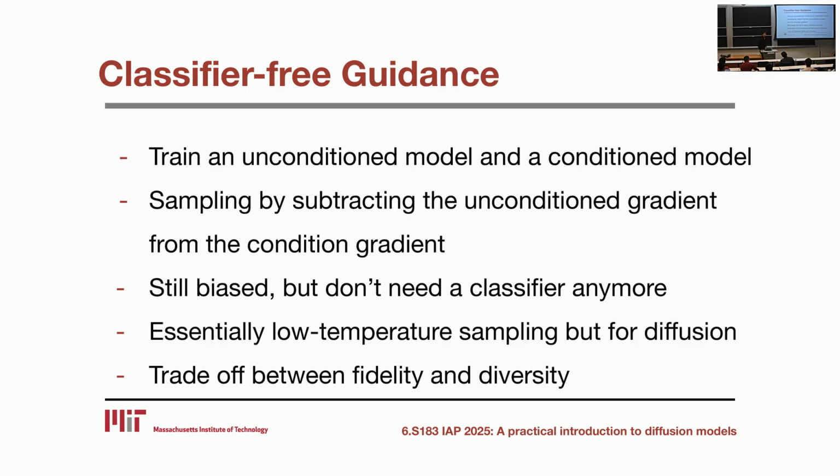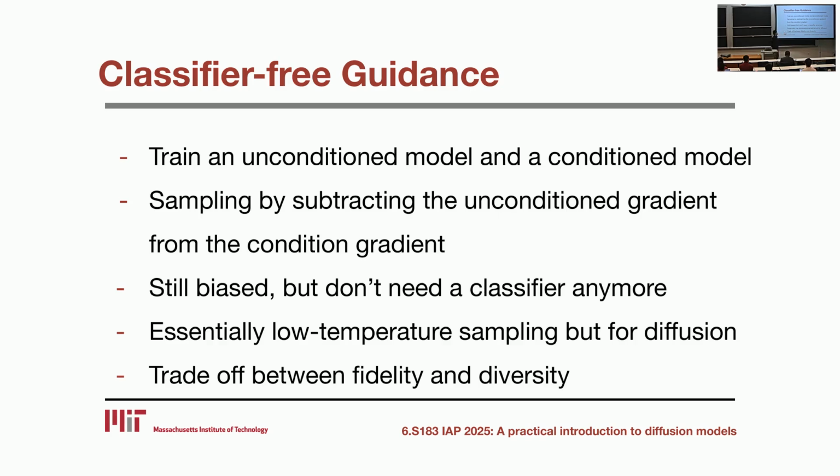Okay. Here is a summary of classifier-free guidance. You want to train an unconditional model and a conditional model together. And you sample by subtracting the unconditioned gradient from the conditioned gradient. You assemble the score from both models to get your final score and sample with that combined score. It is still biased because it doesn't sample from the true distribution. But first, it doesn't need a classifier anymore.